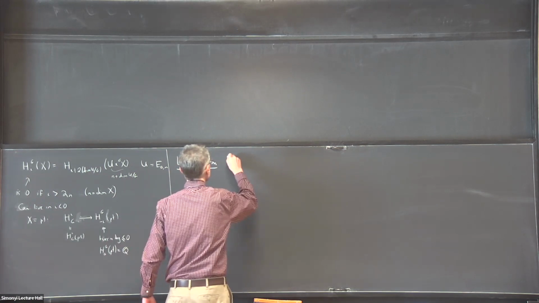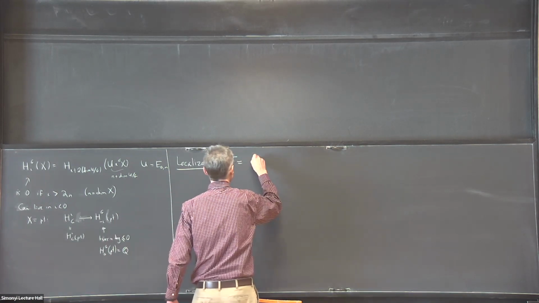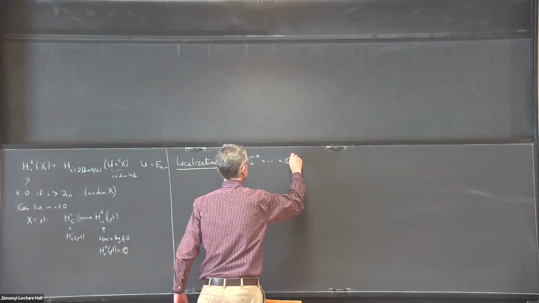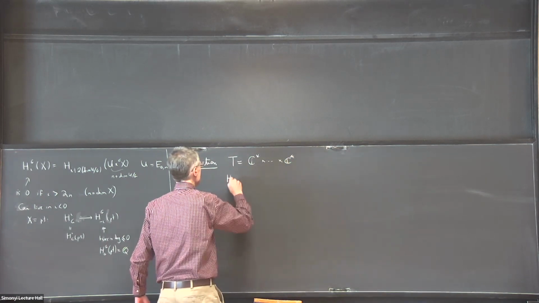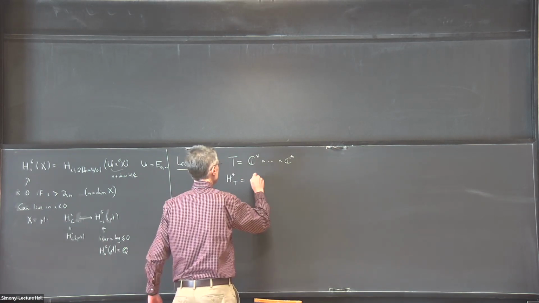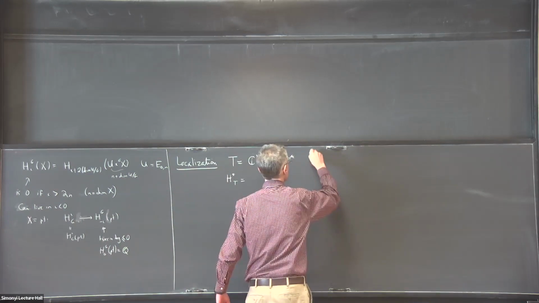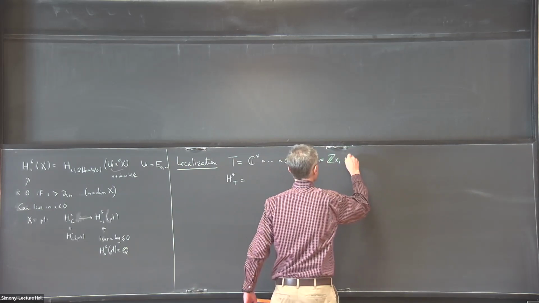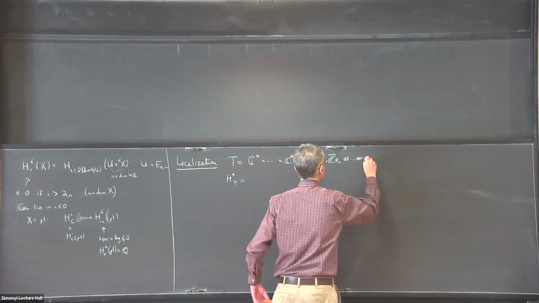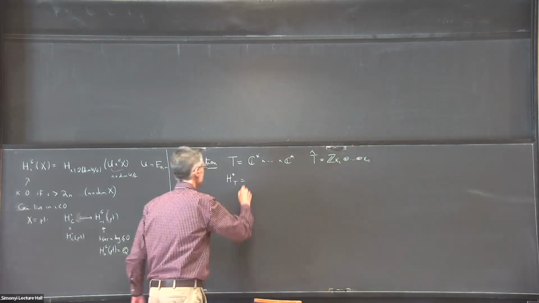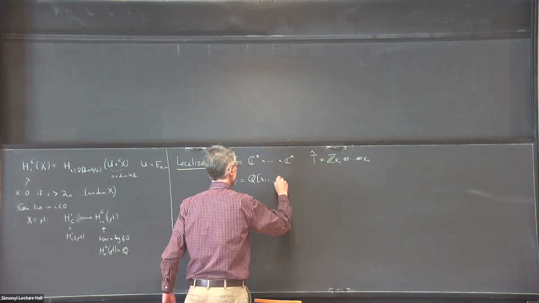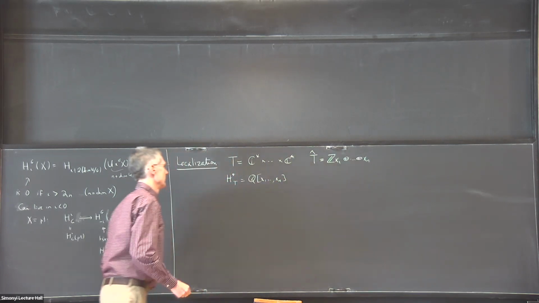To remind ourselves of the notation, T is (C*)^n, and so the character group is the span of x_1 through x_n, and H^*_T of a point is the polynomial ring in x_1 up to x_n.